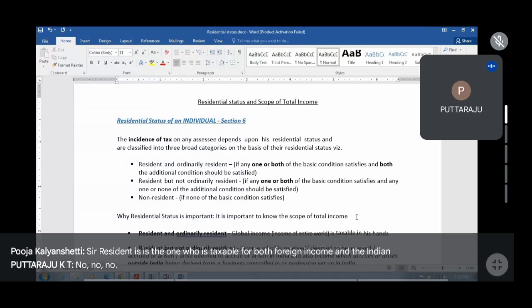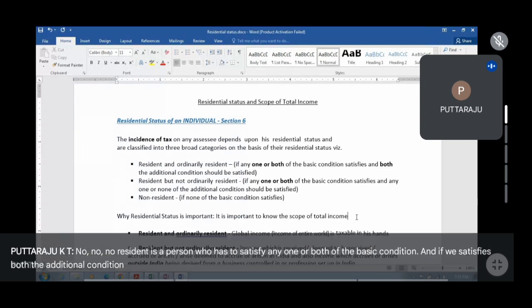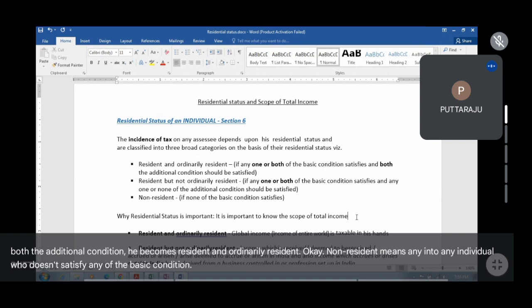Resident is a person who satisfies any one or both of the basic conditions, and if he satisfies both the additional conditions, he becomes resident and ordinarily resident. Okay. Non-resident means any individual who doesn't satisfy any of the basic conditions. He is a non-resident.